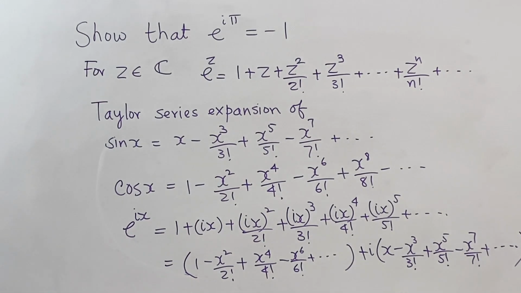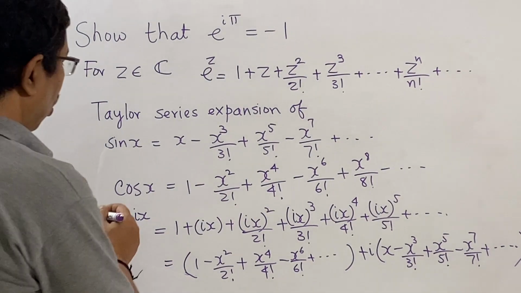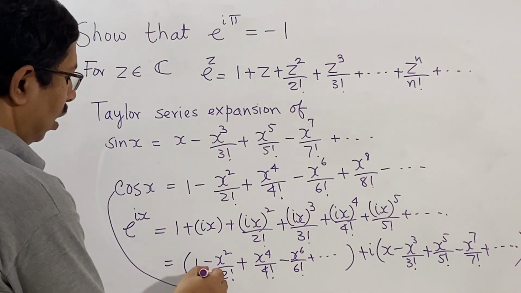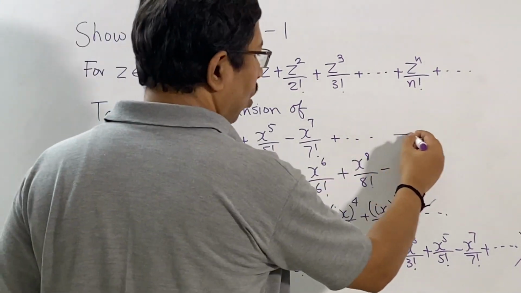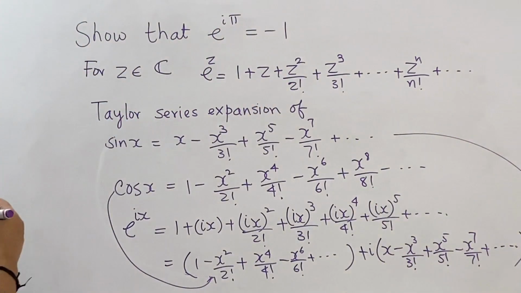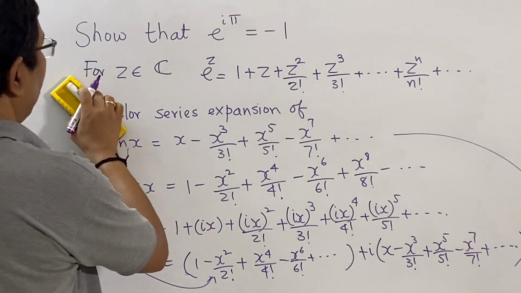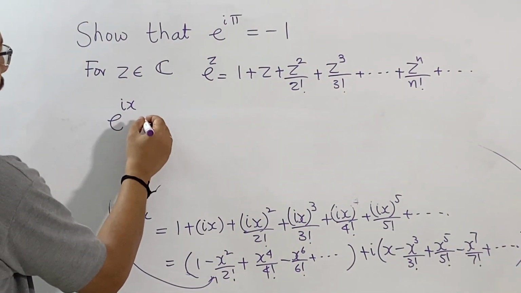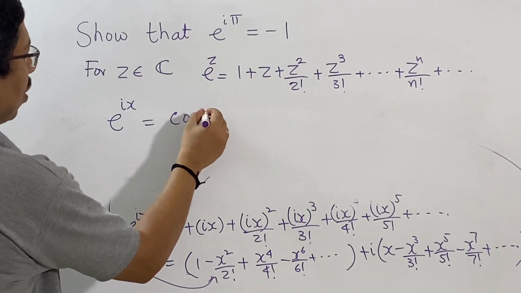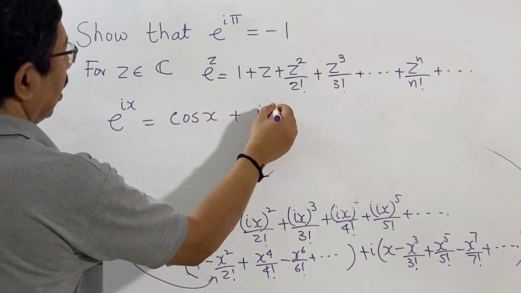We note that using the two Taylor series expansions that we have written, cos of x is the real part and sin of x is the imaginary part. So we can write down e to the power i x as cos of x plus i sin x.